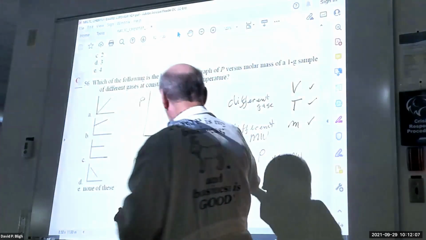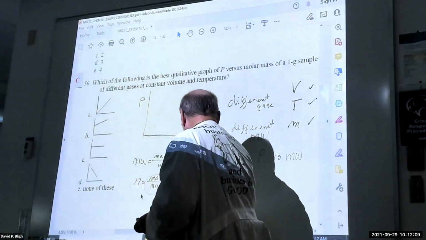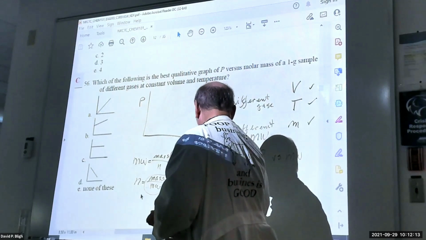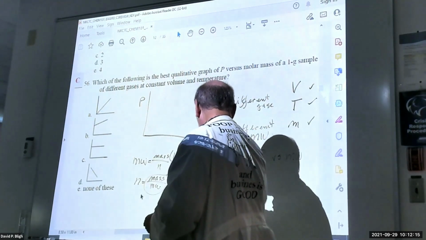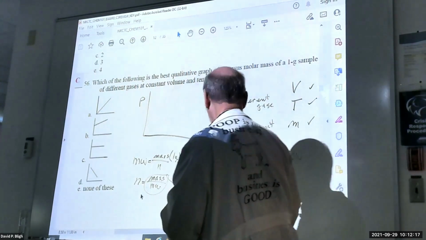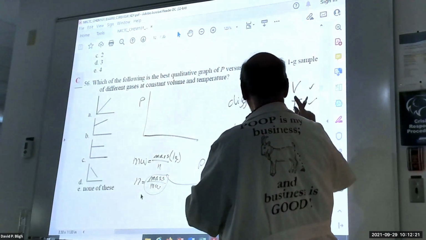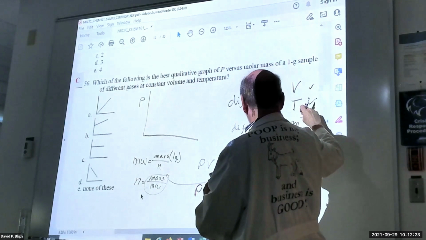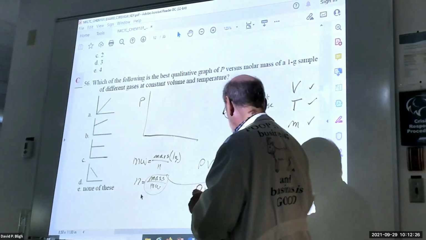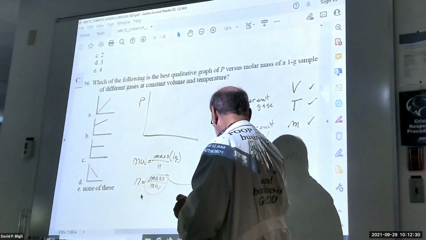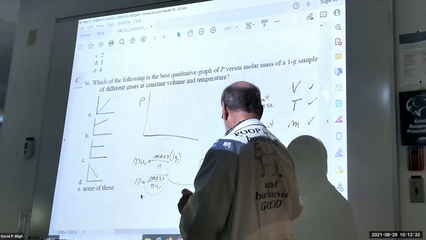So if we plug that value in here, we get PV equals mass over molecular weight, or molar mass, times RT. Volume, temperature, and mass are all constant, and R is constant.